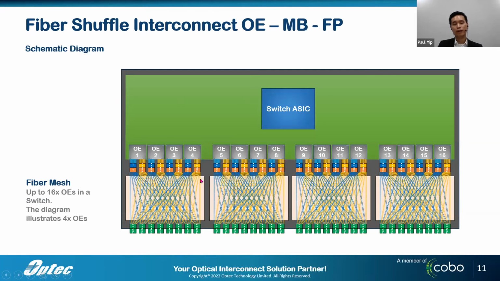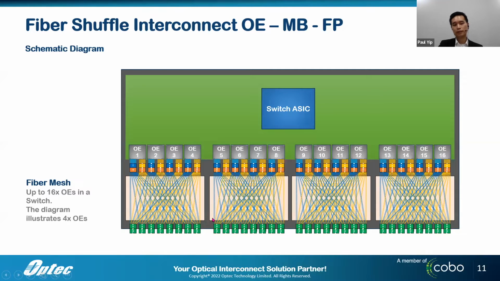So this is a fiber mesh. Again, it is schematic. We are talking about 16 OEs in this case, 32 fiber ends at the OE IOs, and then 64 connectors on the front panel.